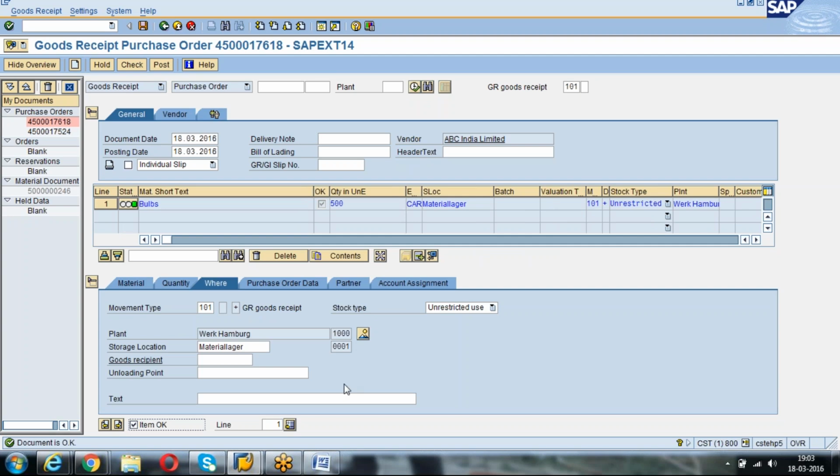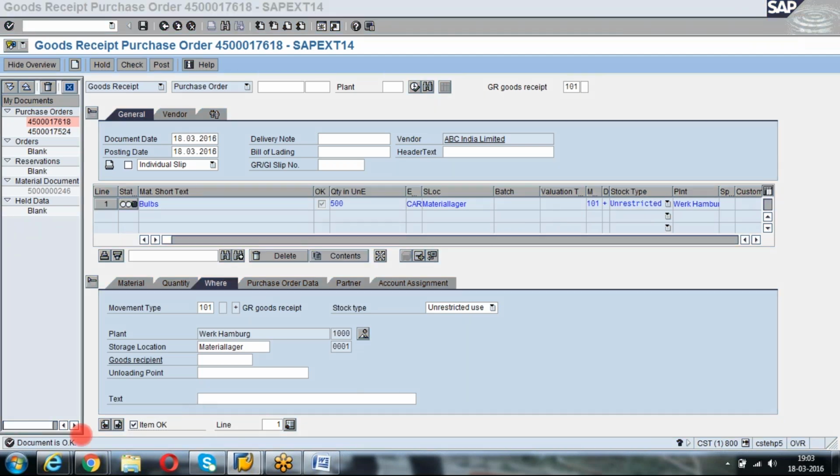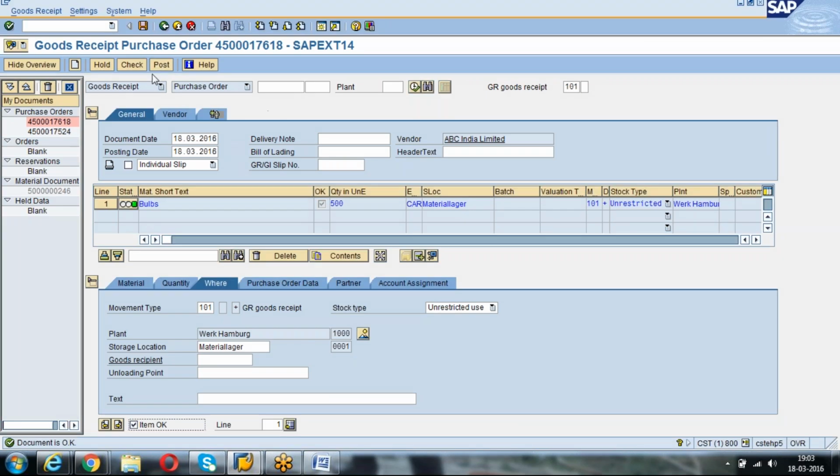You can find the message document OK. Once you get the message document OK, click on post. Here we can maintain the delivery note, like delivery note 345, whatever delivery note you got from the vendor. So these details we can maintain, and then click on post.